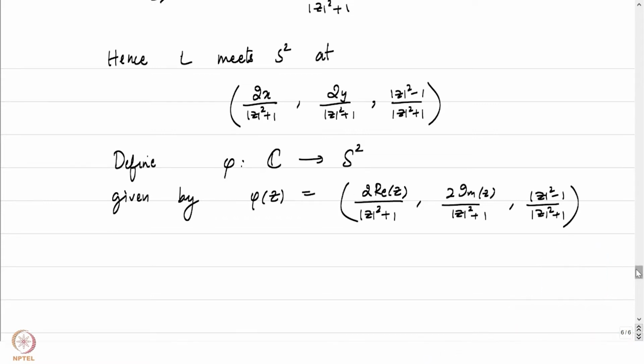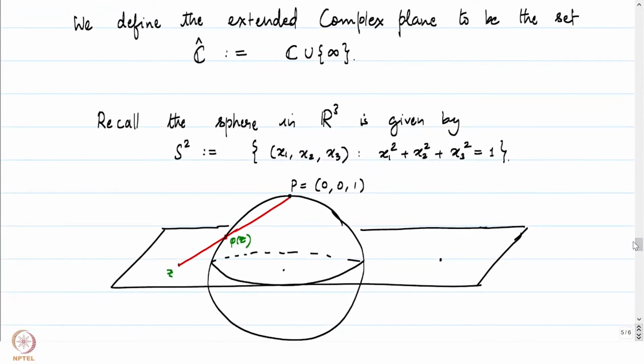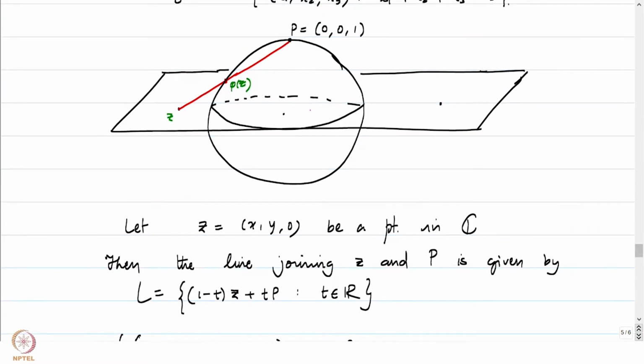If you notice, this map takes every point outside the unit circle onto the upper hemisphere. Any point inside is taken into the, any point here will be mapped.